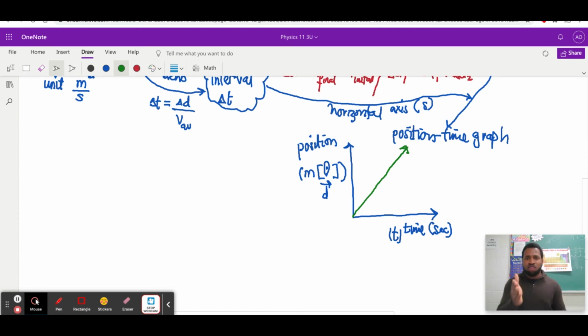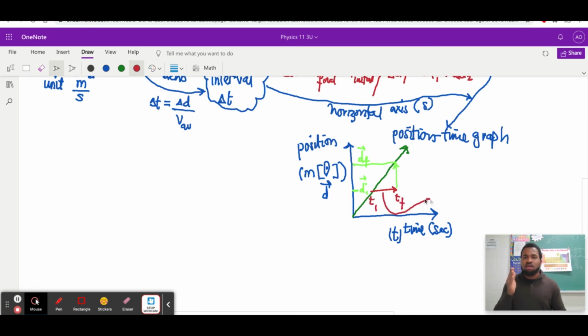In this case, the straight line has a positive slope, and to determine this particular relationship, all we need to do is to find our relationship between our y change, which in this case is measured as our position final and our position initial, and on the other side we're going to be measuring our time, which is in this case our final time and our time initial.